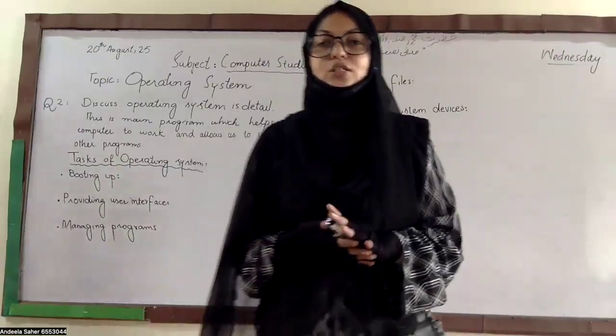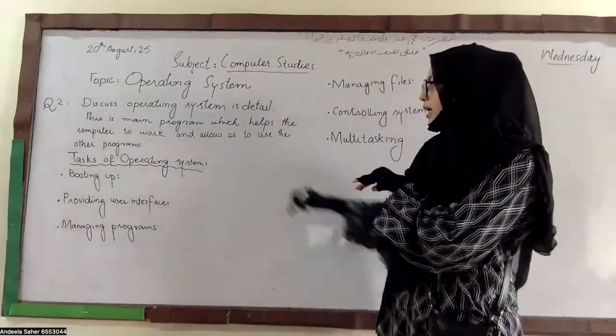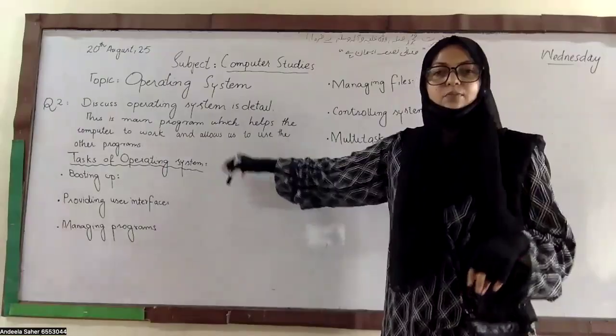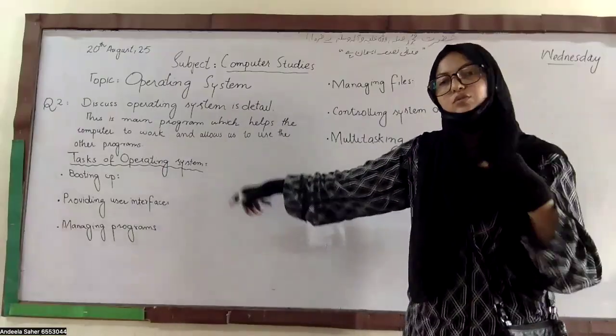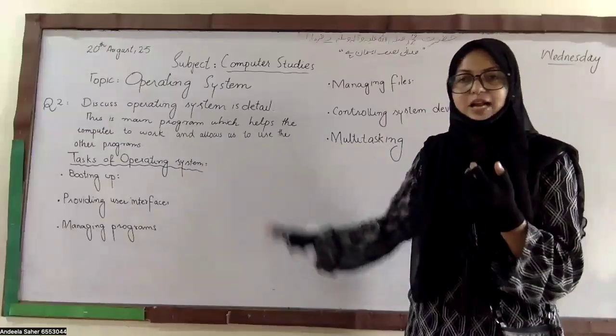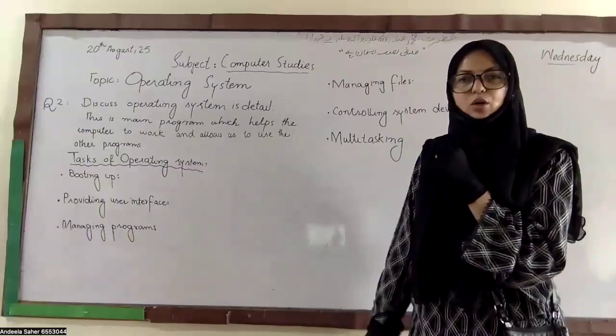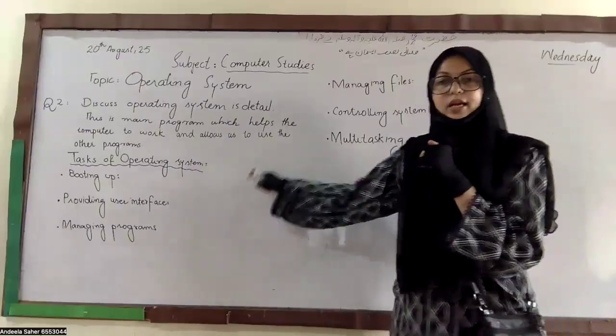So what you are supposed to do is write this whole question in your neat notebooks, and all the tasks of the operating system with the headings, and write some wording in the headings in your own words. That's why I haven't written anything in the headings.